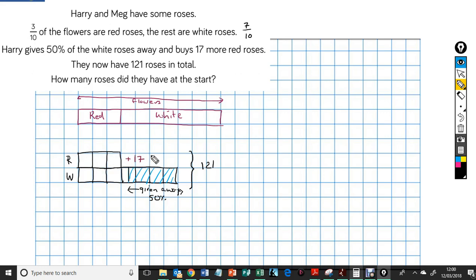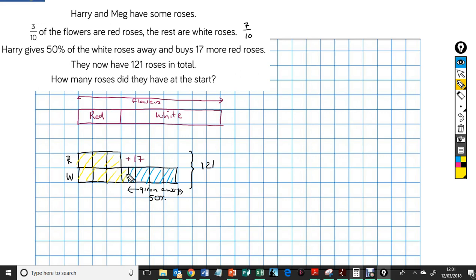This bit here is the tricky part. I don't know how this amount relates to everything else. So now I can see that if I took the 17 away from 121, I would be left with the value of that part.